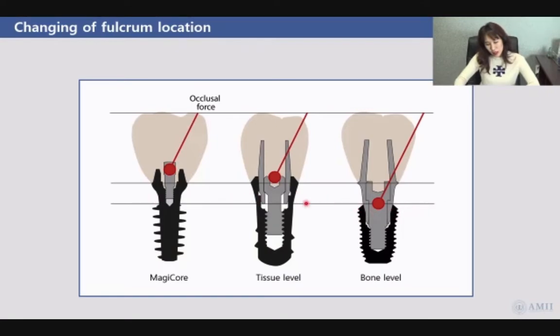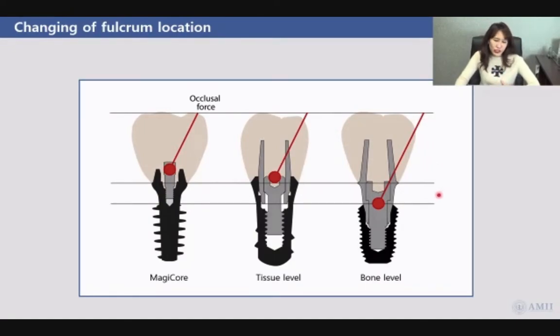And the second line, this one is the tissue level. And of course, the occlusal surface.